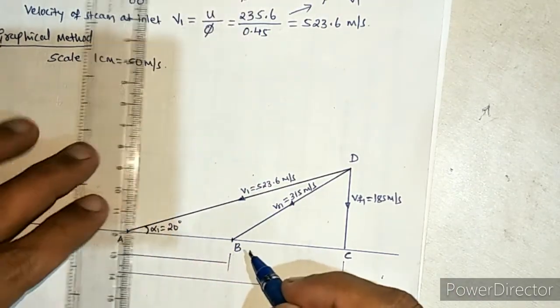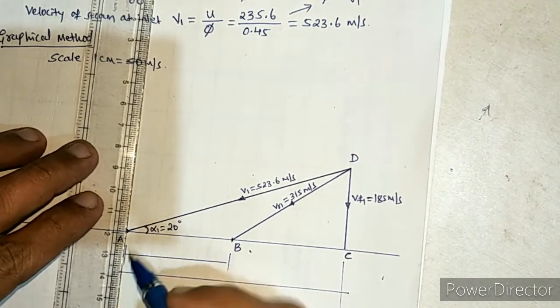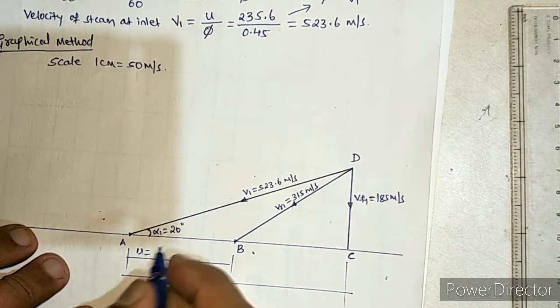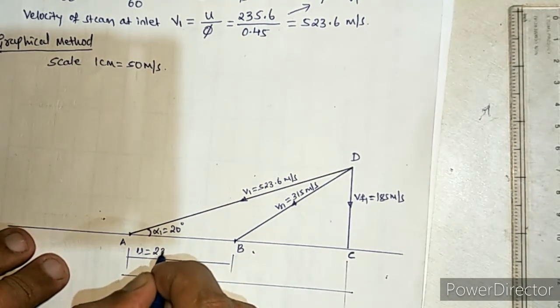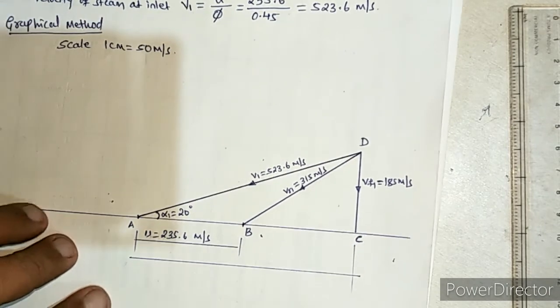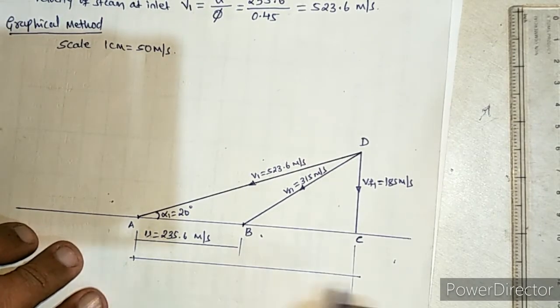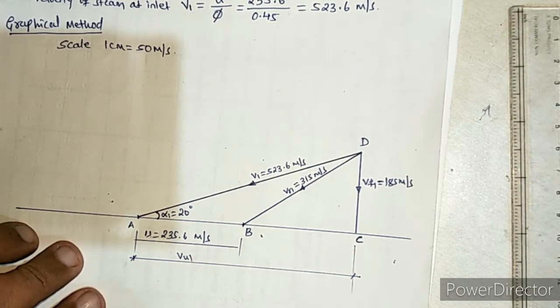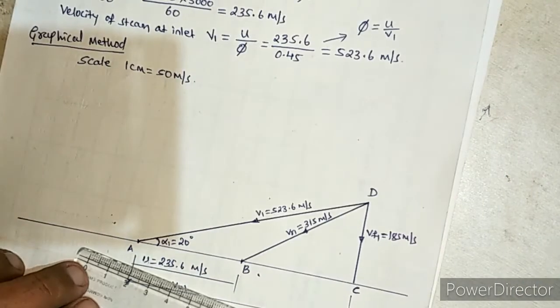AB is U. So we know that U is equal to 235.6 meters per second, right? And AC is VU1.